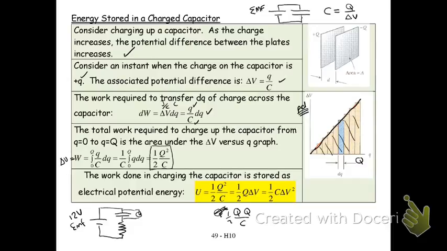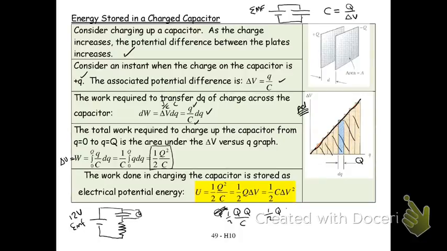That's just written out again. I go, well, 1/2 Q. Let's take that Q and make it C delta V. I'm sorry, I'm rushing. So there's my Q squared over C.